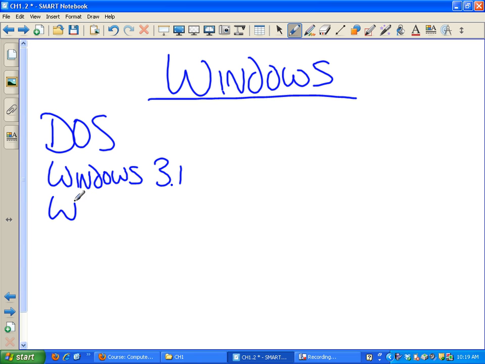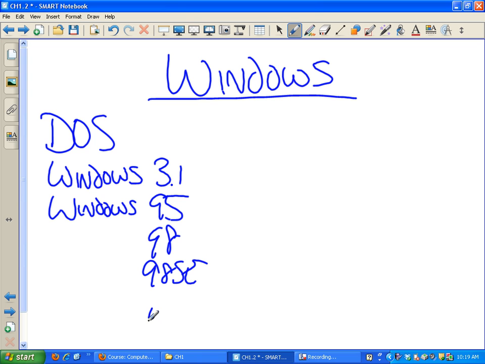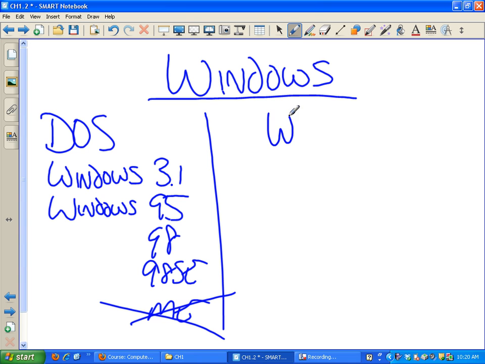And then we got Windows, anybody guess? 95. And then we got Windows 98. And then we got 98 Second Edition. And then we got ME, which stood for Millennium, which is not the same as Windows 2000, which was a big pile of dog doo. Okay? And at the same time, they were developing another one called Windows NT, which stood for New Technology.